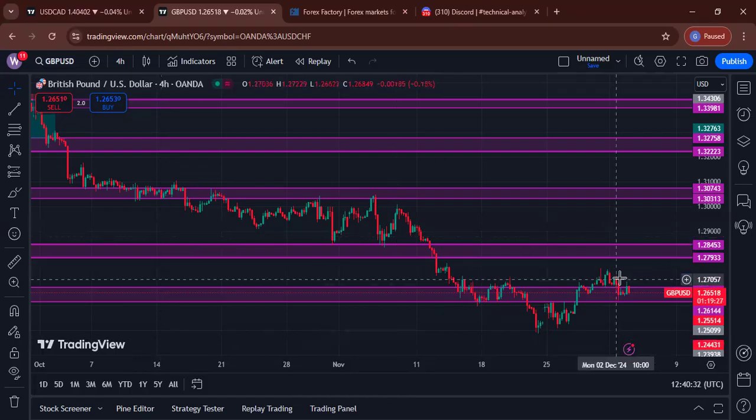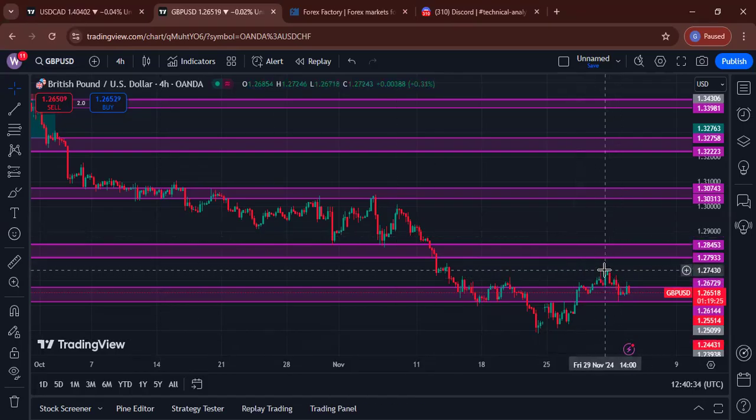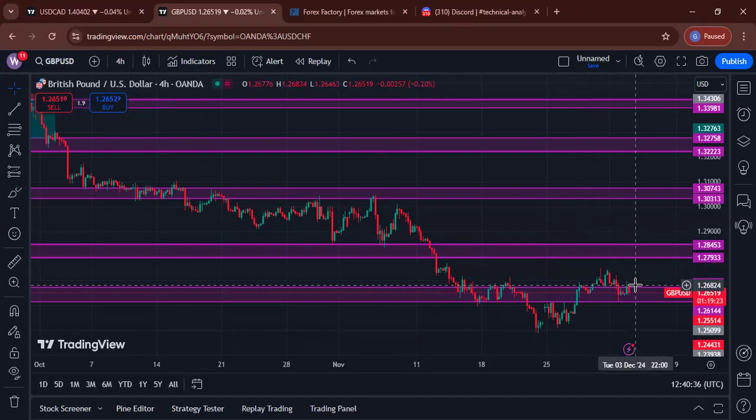Because there's a lot of uncertainty on this kind of pairs, the EU, GU. But when you come to the inverse side, you have USDCAD, USDCHF, USDJPY. Such kind of pairs, you can see we have quite some solid analysis.